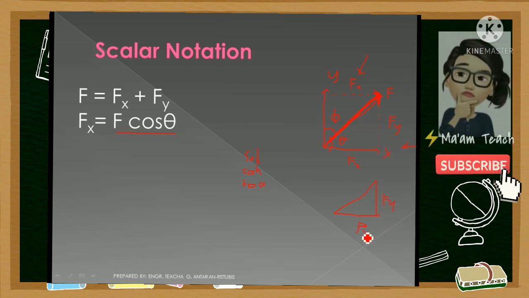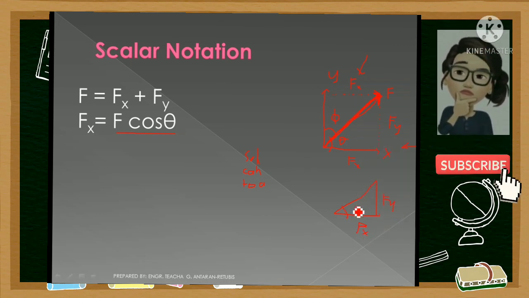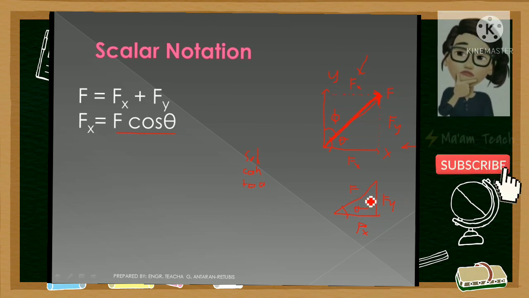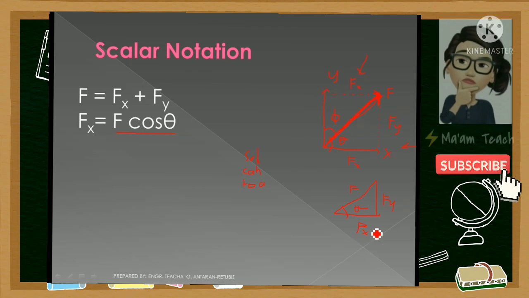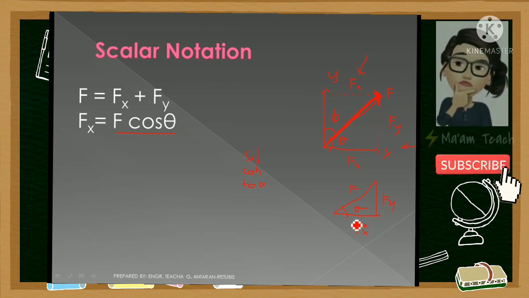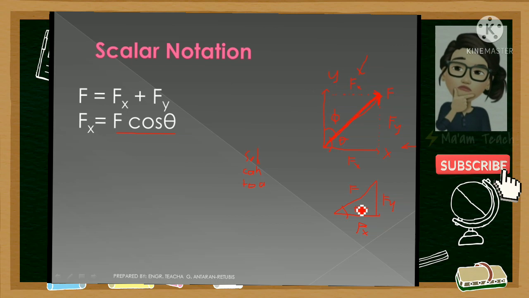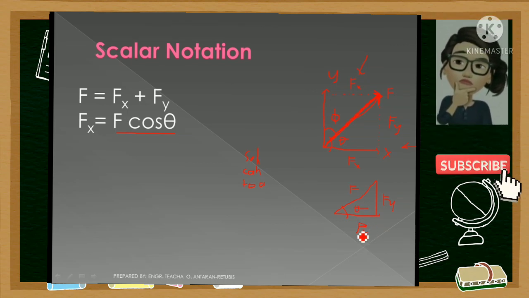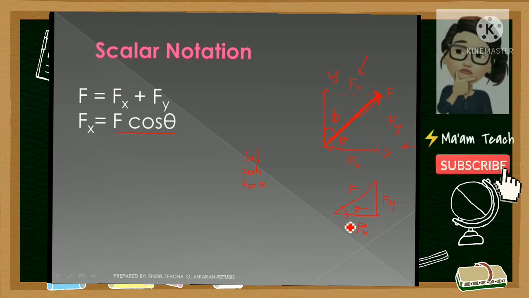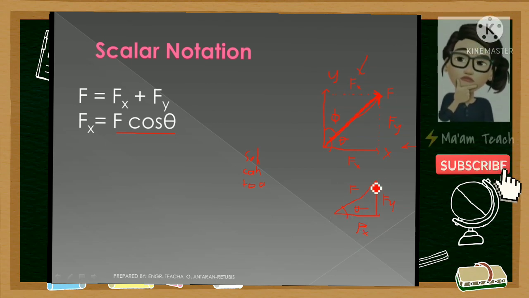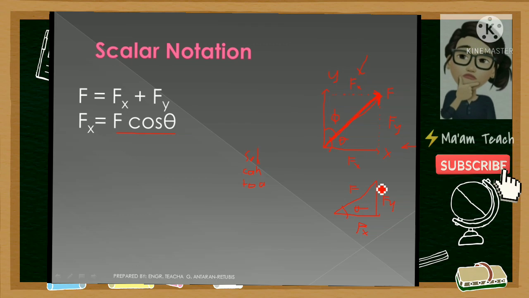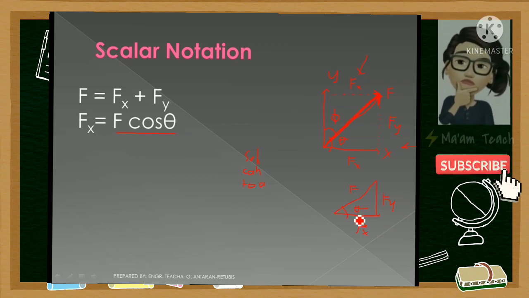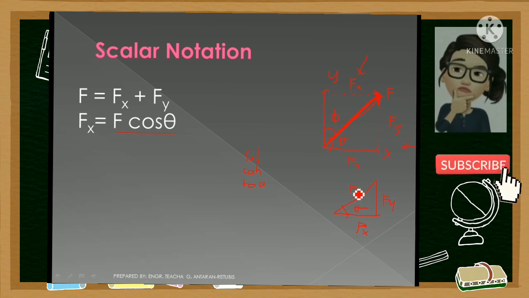This is our F of x, this is our theta, and this is our given value, which is F. Since our target is the x component, if we observe from the given theta, F of x is adjacent to that angle. This is adjacent, and this is our hypotenuse, this part right here. So we want the adjacent part, given the angle as well as the hypotenuse.